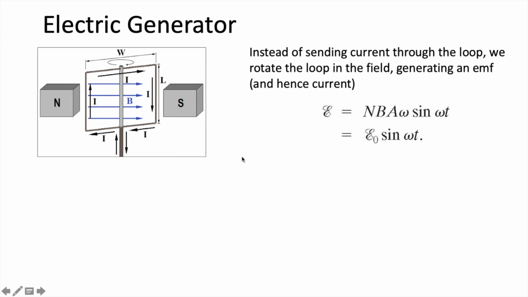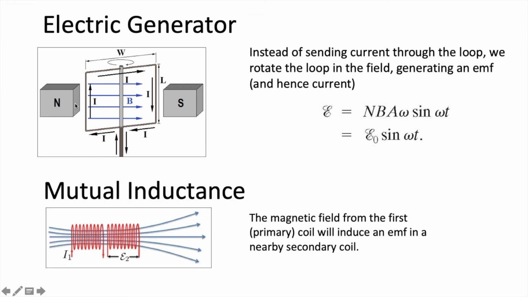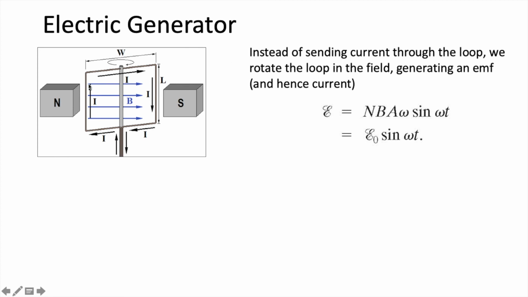Again, here we're keeping the magnetic field and the area of the loop constant, but we are changing the angle. We rotate it, and how we rotate it is a simple mechanical process. This is a square connected to an axle. This axle at the end can have fan blades, so-called butterfly valves in hydropower plants.